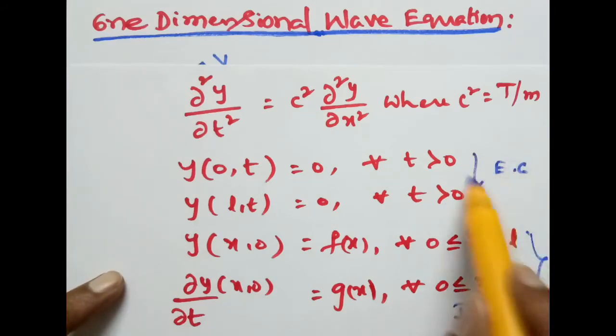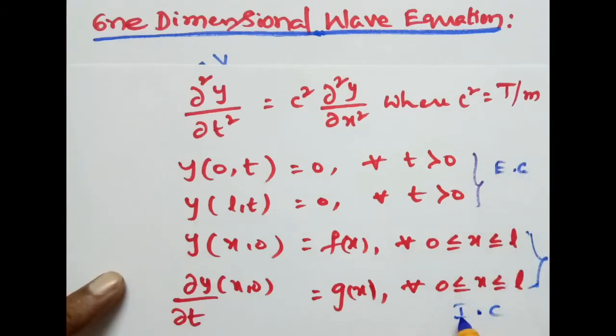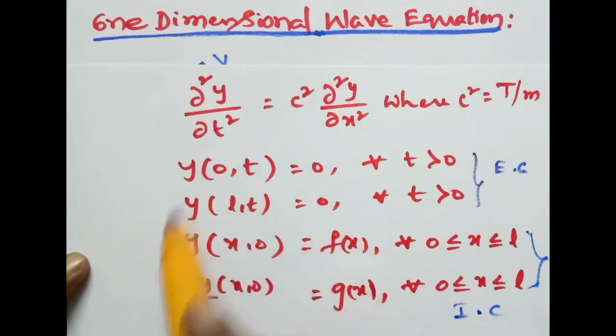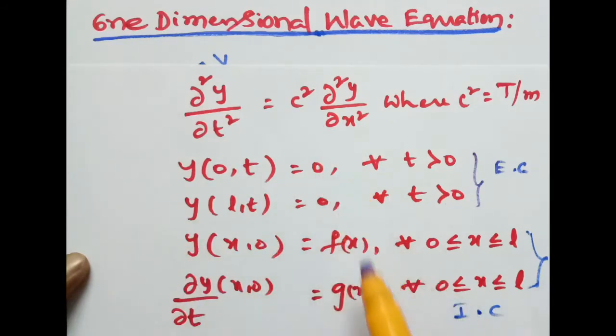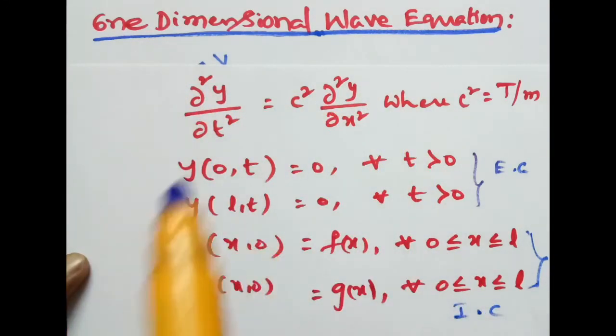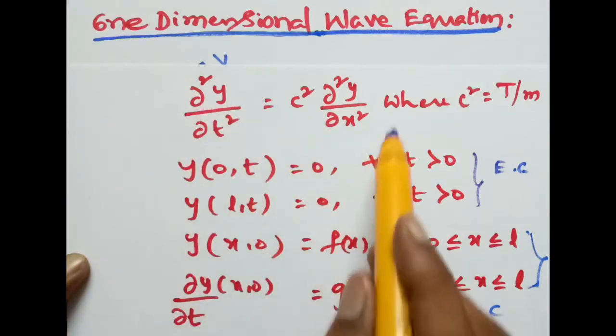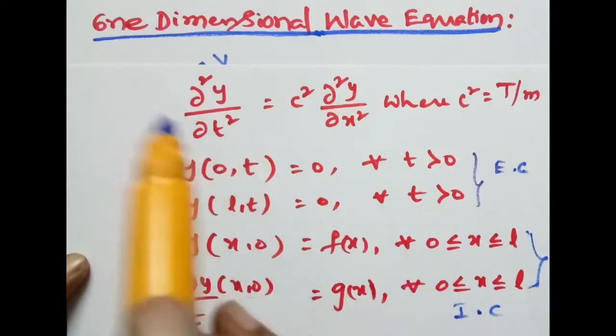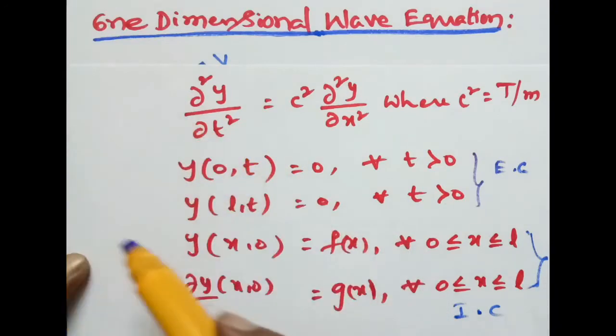There may be a boundary condition name for the end conditions, but these two are only initial conditions because at time t equal to 0 the condition is given. Those conditions are called initial conditions. Therefore this is an initial boundary value problem. These partial differential equations can be solved by the method of separation of variables, as we discussed earlier in the previous classes.